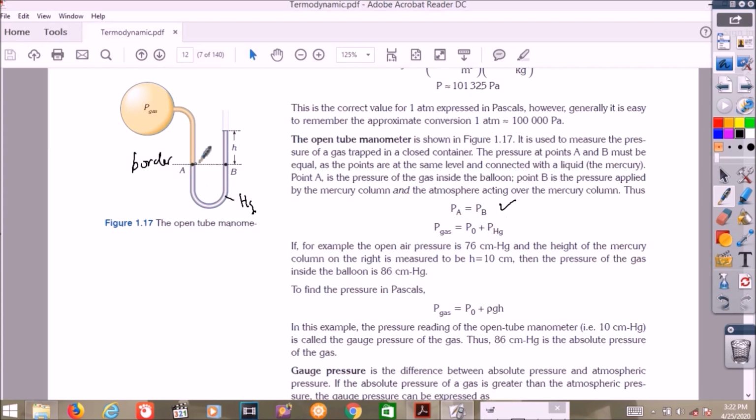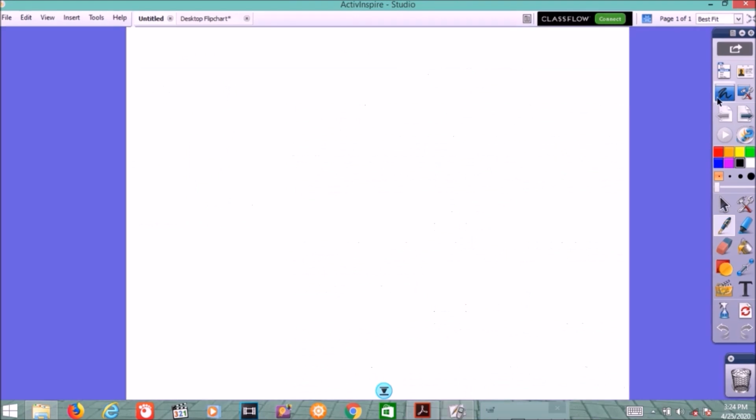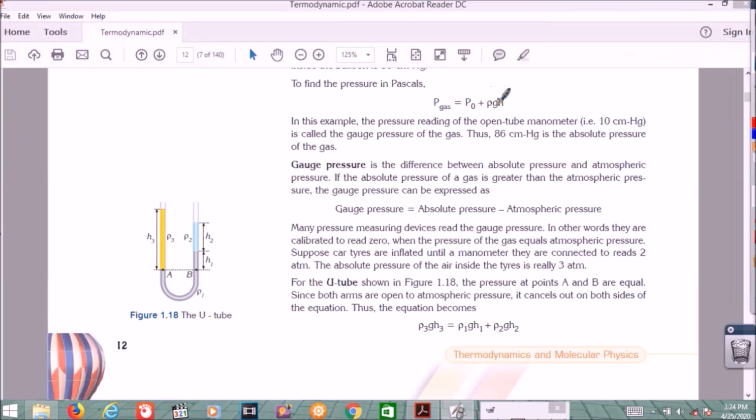Above A is P gas, and above B there is pressure from the mercury, this height, and pressure from the atmosphere, P0. So P0 plus P Hg. We replace PA with P gas and PB with P0 plus rho g h. From this formula, P gas is equal to P0 plus rho g h.